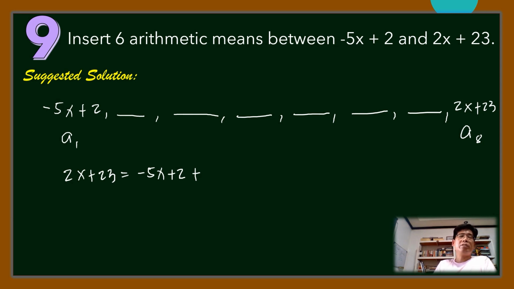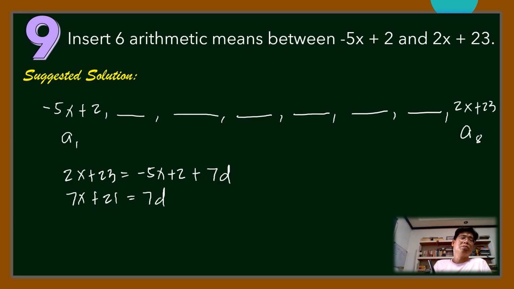In this case, we have 8 terms, so we have 7 times d. Simplifying this equation, we have 2x plus 5x, 7x, then 23 minus 2, using addition property of equality, that is 21, then we have 7d.